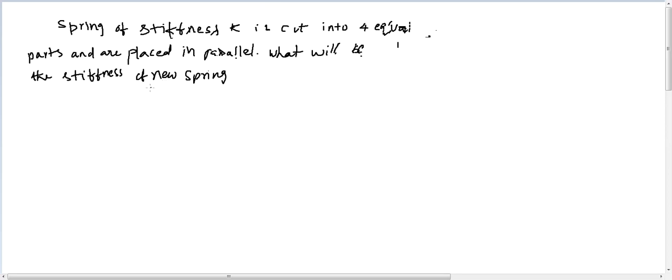Let us see the next question. A spring of stiffness K is cut into 4 equal parts and are placed in parallel. What will be the stiffness of the new spring?